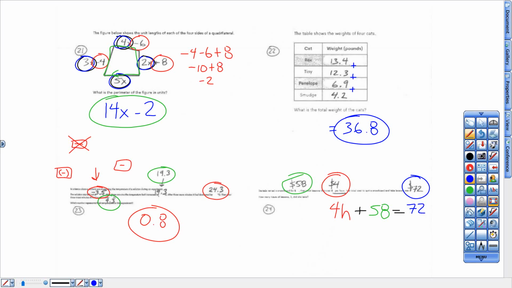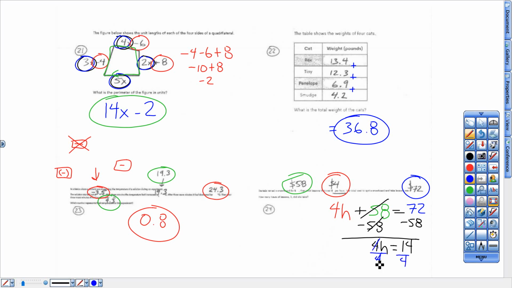Just becomes a two-step equation. Take away 58 on both sides, minus 58 from 72. Bring that 4h down, trying to solve for h. 72 minus 58 gives me 14. And then right there, the opposite of multiplying by 4 is dividing by 4.